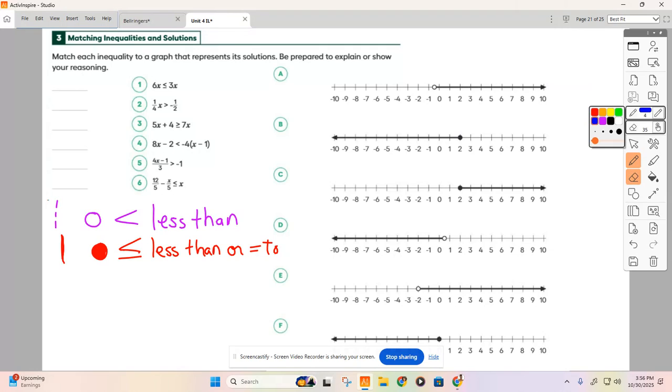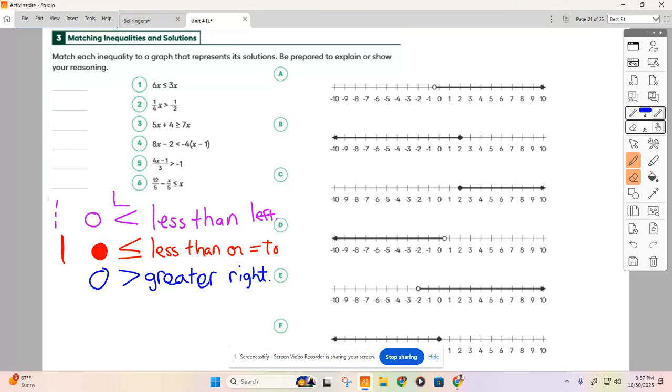Remember for this less than, those of you that get confused, if you think about opening the symbol up, it makes an L for less than. It's also going to be shaded to the left of our boundary line. All right, so let's do our next one, greater than. Greater than is going to go to the right. I always remember greater, right? It goes to the right.